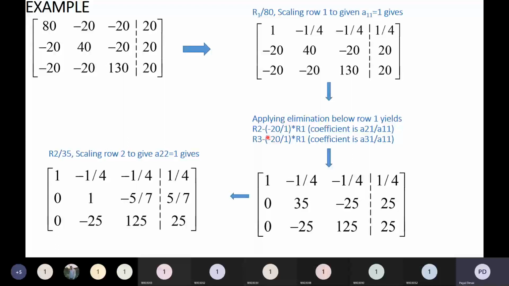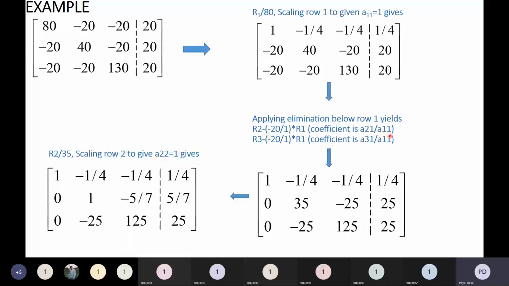You deduct that entire coefficient multiplied by row 1 from row 2, where I want to eliminate. So what is the algorithm? Row 2 minus 20 by 1, that is a21 divided by a11, multiplied by row 1. I have written the coefficient here for your knowledge: minus 20 by 1, that is a21 divided by a11.